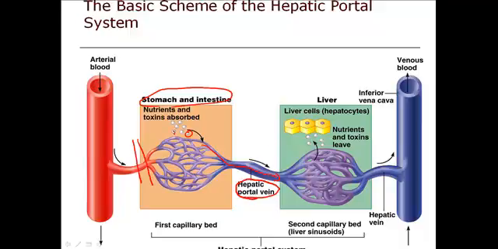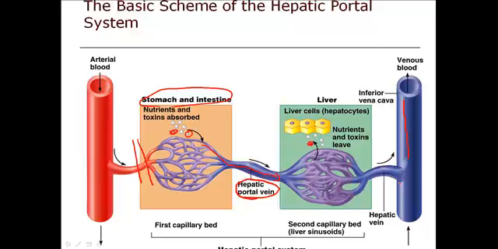If this was an amino acid, say, it'll go to the liver and be modified, so now when it goes back to the heart and then into the arterial system, it will be more suitable for cellular ingestion.